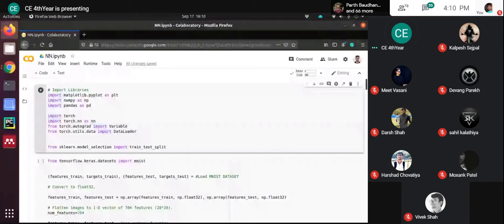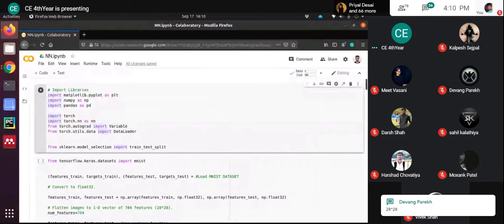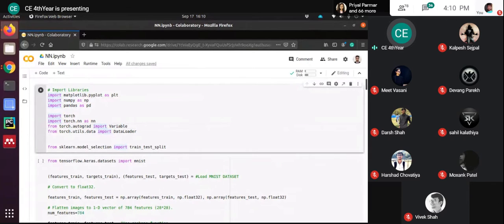Fine. And if you can recall more, for a single example or the single input, can you recall what would be the image size? Right, so it was 28 cross 28, and right now in this example also it is 28 cross 28, right? And it is also mentioned in one of the lines.